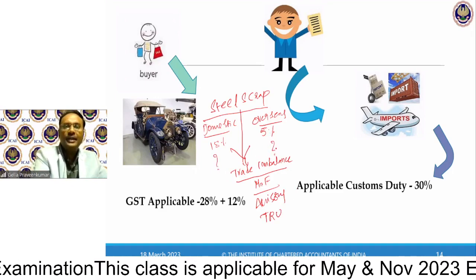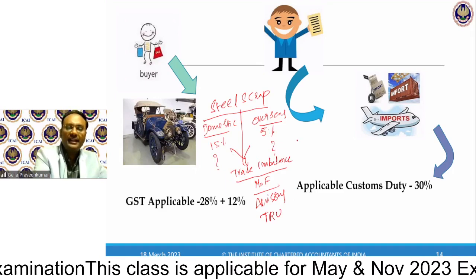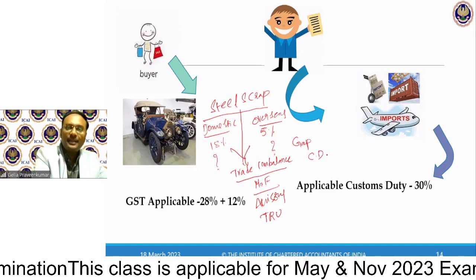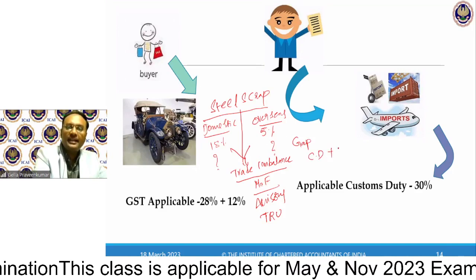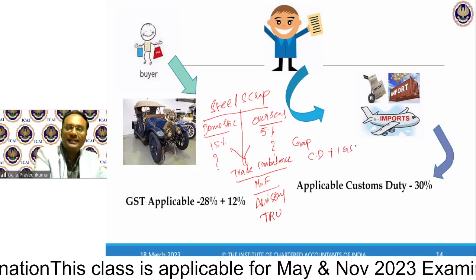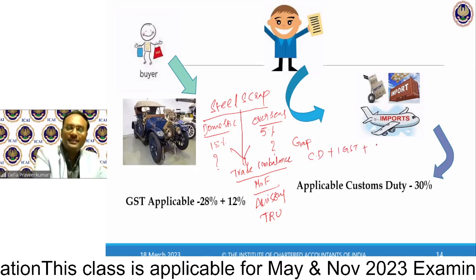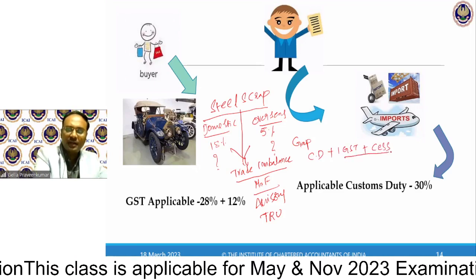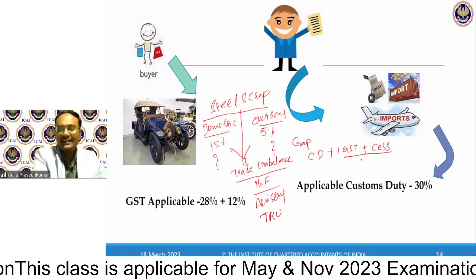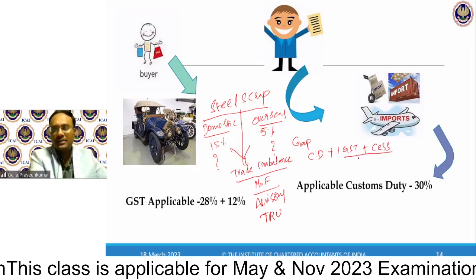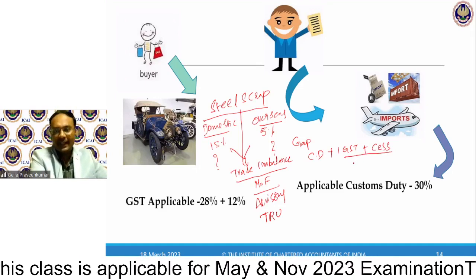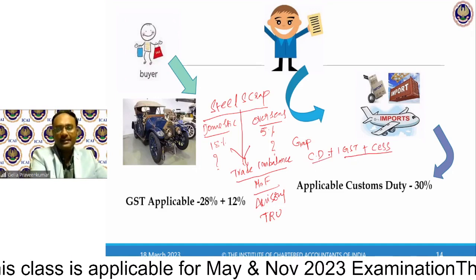Now they want to fill this gap. How do I fill this gap? They say, please pay customs duty, please pay the IGST, which is called tax. Also, please pay something called cess. I fix something called tax or cess applicable on the goods at that point in time, in addition to my customs duty.